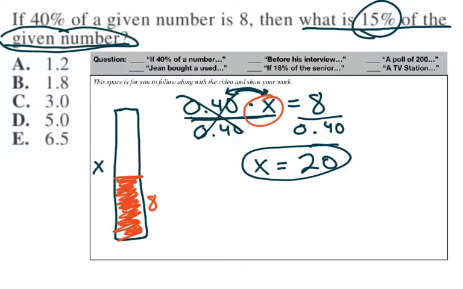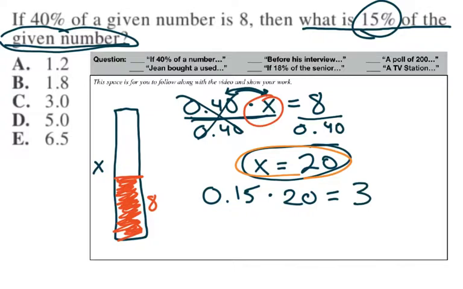Let's set up one more problem. 15% as a decimal is going to be 0.15. I'm going to multiply that times my given number, which is 20. On my calculator, I type in 0.15 times 20, and it gives me 3.